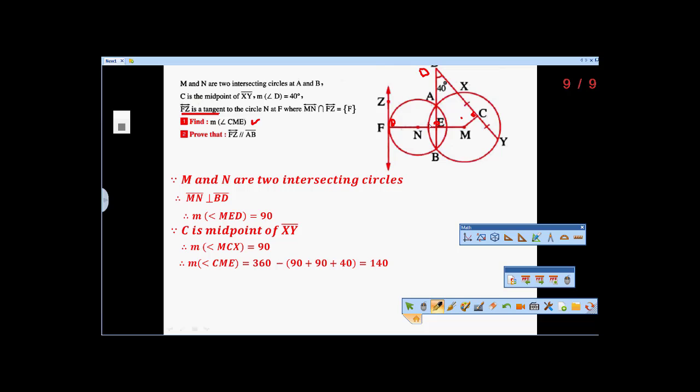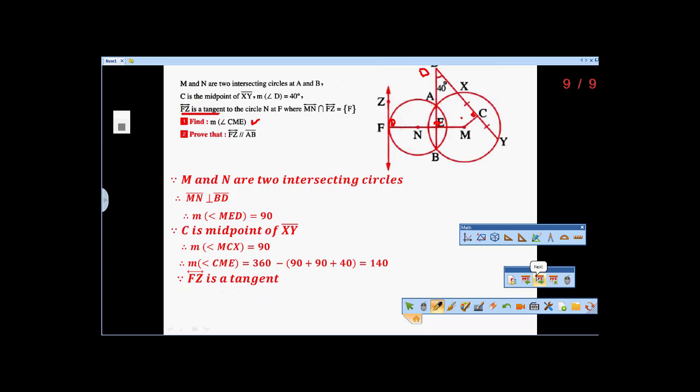It means the sum of the measures of these two angles equals 180. Two interior angles are supplementary. It means AB is parallel to ZF. Or the measure of ZFN is equal to AEM, two corresponding angles, like the letter F. It means FZ is parallel to AB.